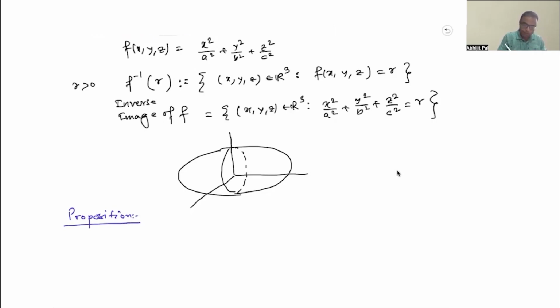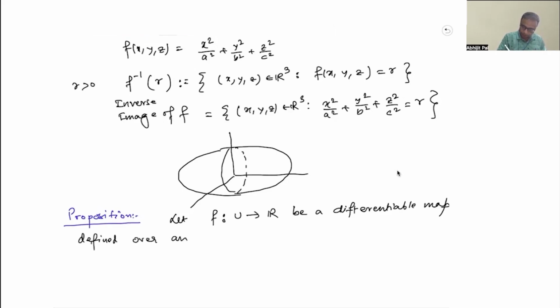Let f from U to R be a differentiable map defined over an open set U in R3.